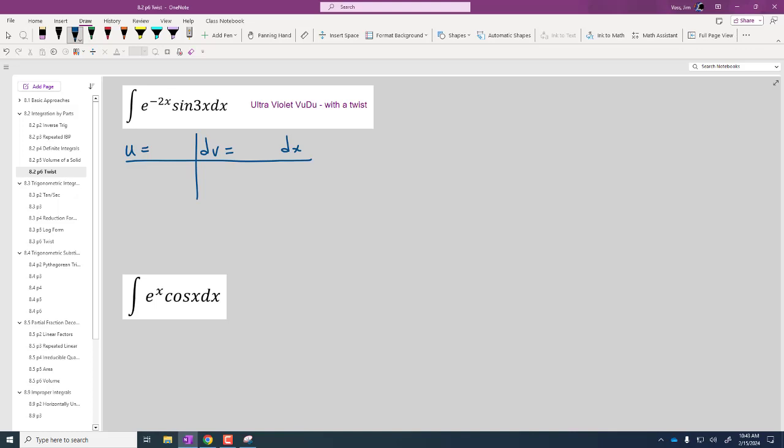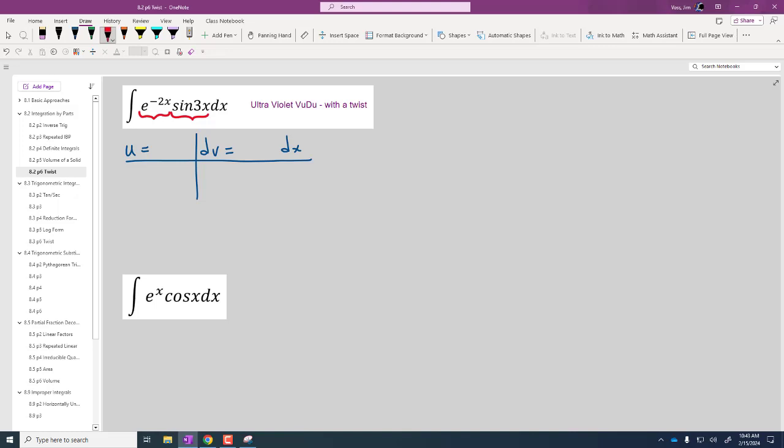And we usually are saying to ourselves, let's pick the more complex function to put with the dv. What you're going to notice here is that both the trig function and the exponential are going to be spinning through their derivatives. e to the x stays e to the x no matter how many times you differentiate or integrate it.